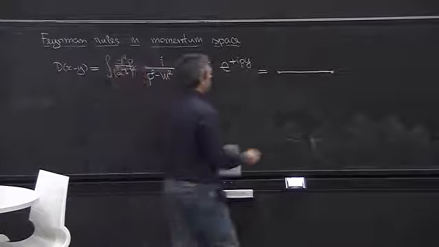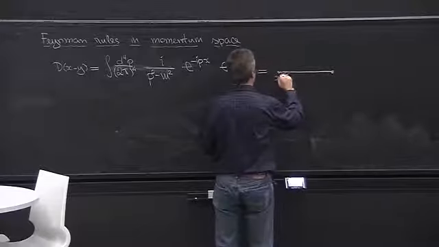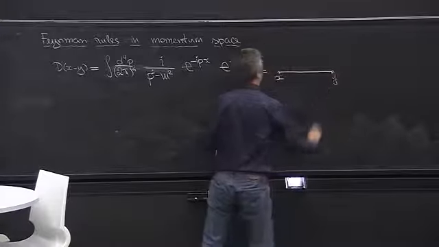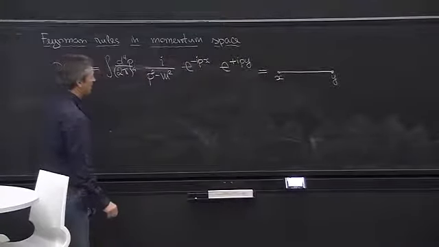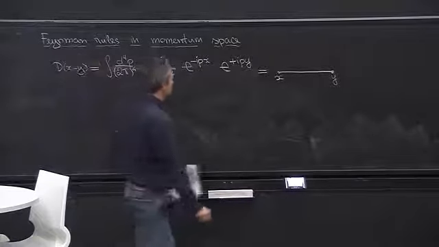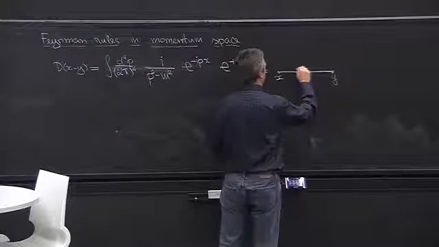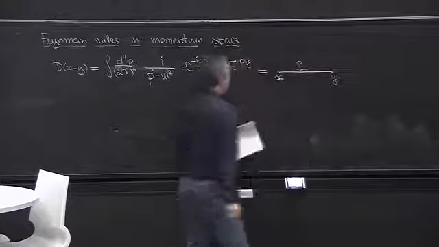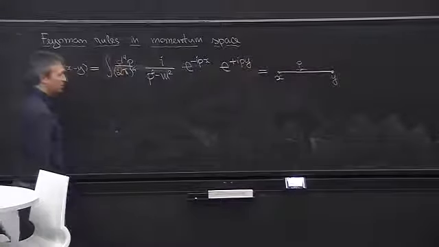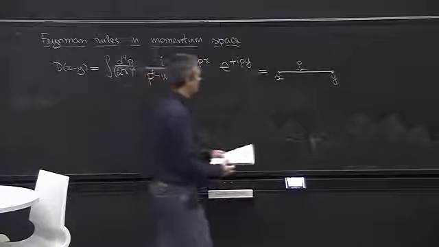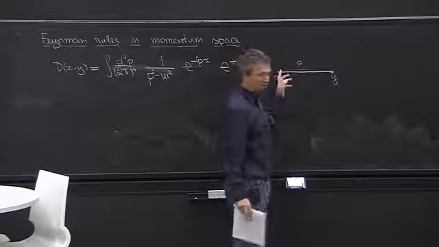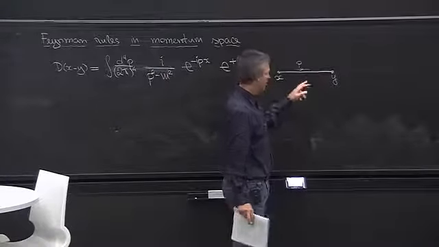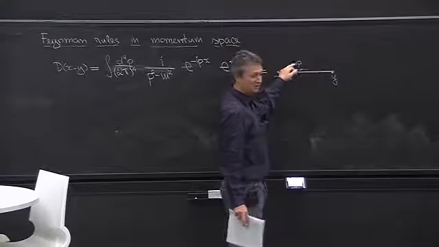So I have a propagator connecting points x and y, and I assign a momentum flowing through this propagator. It's convenient to think of this propagator as a trajectory of a particle that connects x and y, and p is the momentum of this particle.